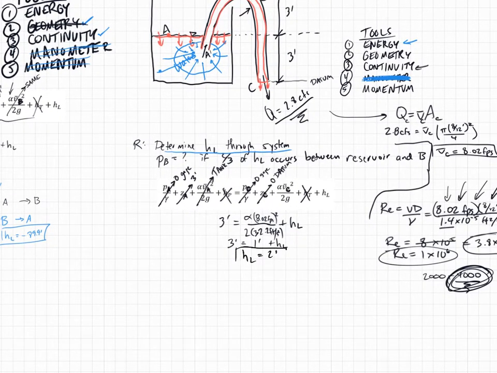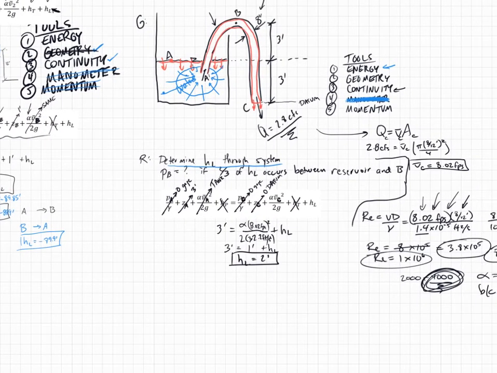The way I always think about this is that A is 3 feet above C, and that's what's driving the flow through the column from A to C. Some of that energy is used up to create the velocity, and the rest of it is lost to head. So 2 feet is lost to head, 1 foot becomes velocity, and altogether that's the 3 feet that you put in. So that's the first part, that's A.